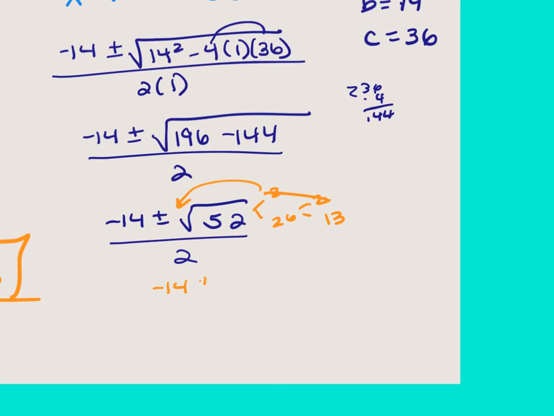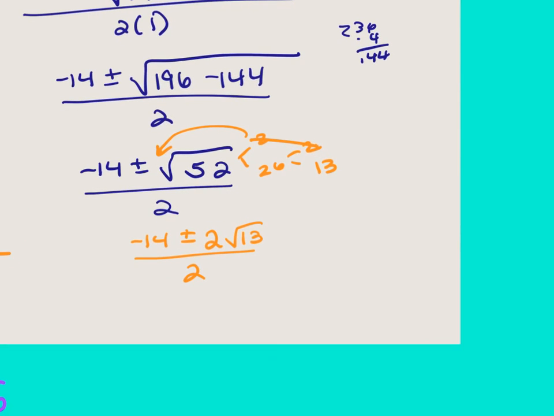Negative 14 plus and minus 2 root 13 over 2. Either split and then reduce, or reduce and then split. Order doesn't matter. 2 goes in here 7 times and here once. Negative 7 plus and minus the square root of 13.